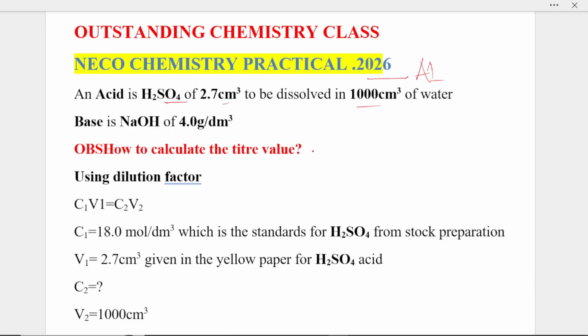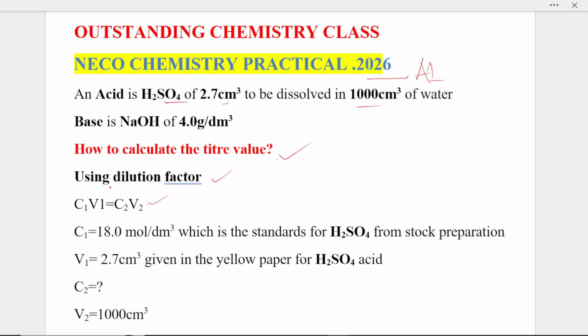This aspect is actually for the chemistry teacher. As a student, you don't actually need this aspect. Chemistry teacher, you know how to prepare your calculated titer value. Using the dilution factor, we are going to be having C1V1 equals C2V2.